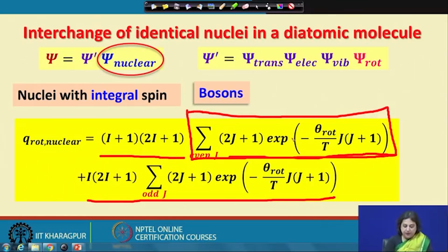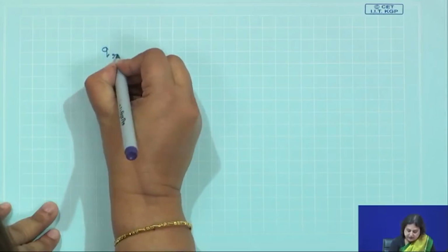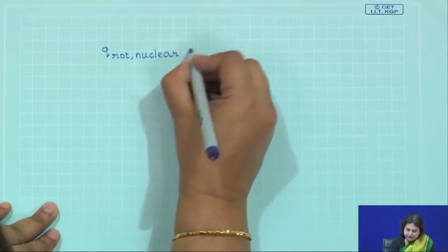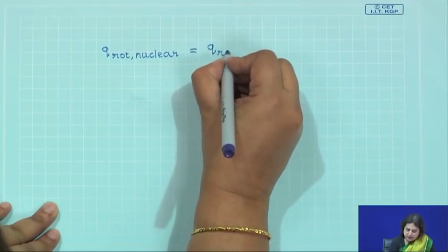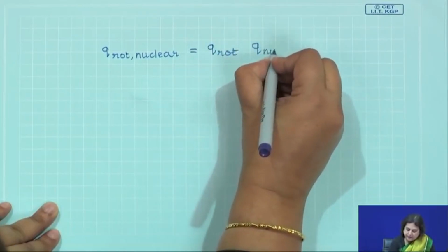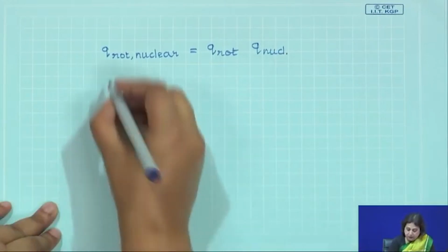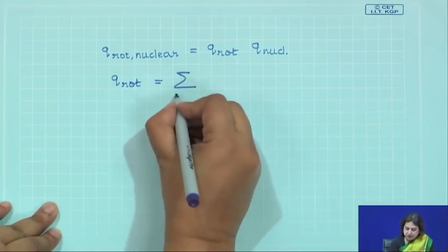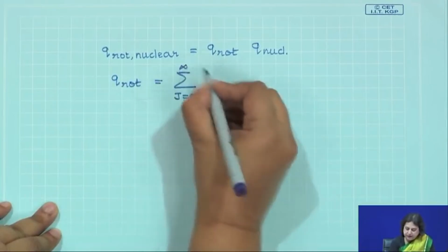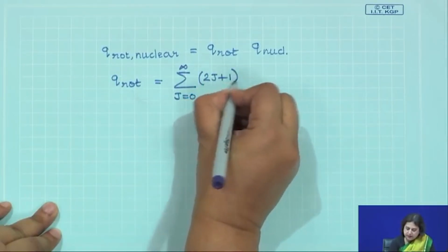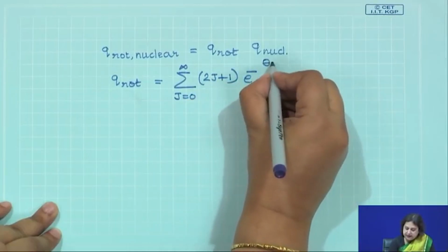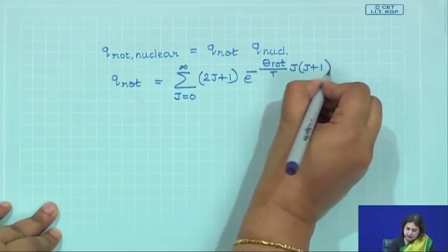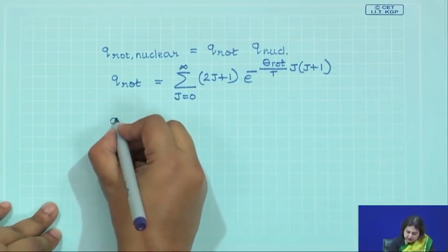Now, if I write down for any such system that Q rot nuclear is something like Q rot into Q nuclear. Now, what is Q rot? By definition, Q rot is equal to the summation over j going from 0 to infinity of 2j plus 1 e to the power of minus theta rot by T into j into j plus 1. Now, what is Q nuclear?